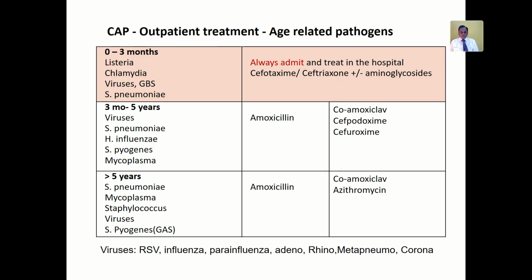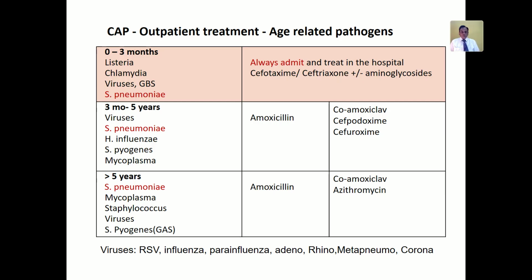Coming to the other slabs, 3 months to 5 years or above 5 years, if you look at the organisms, in all the groups, Streptococcus pneumoniae plays a major role.